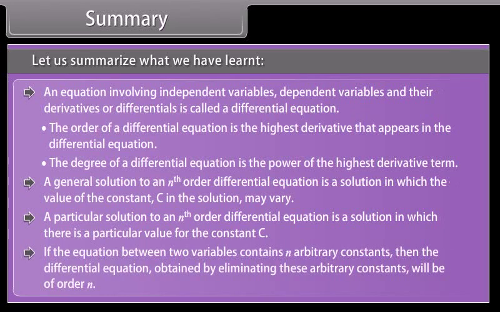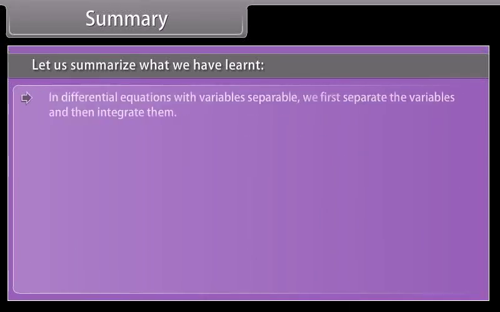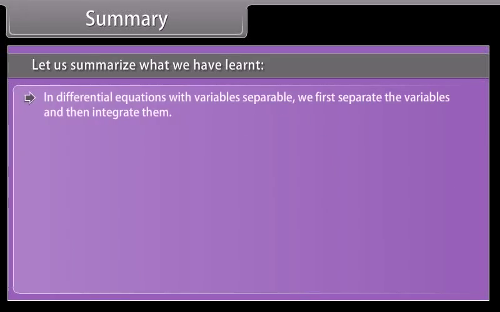If the equation between two variables contains n arbitrary constants, then the differential equation obtained by eliminating these arbitrary constants will be of order n. In differential equations with variables separable, we first separate the variables and then integrate them.